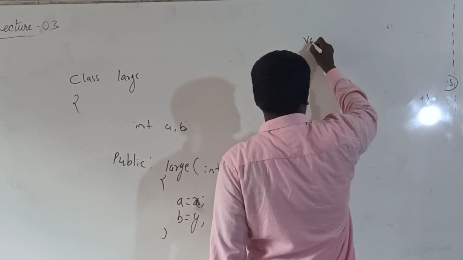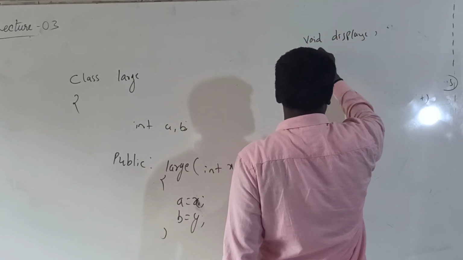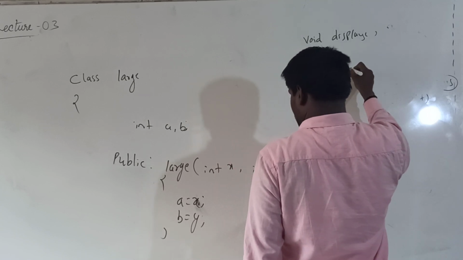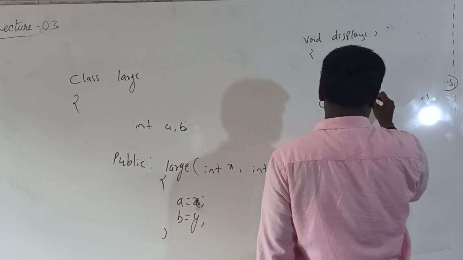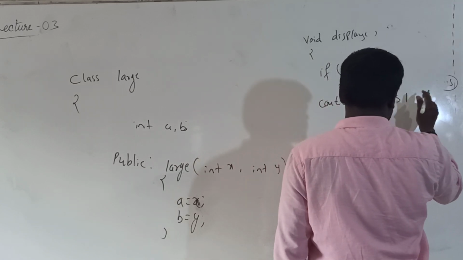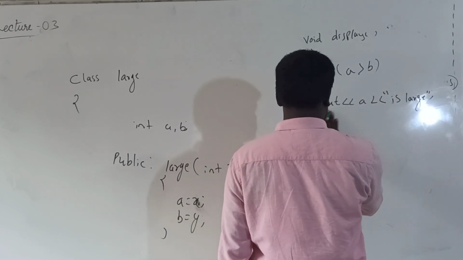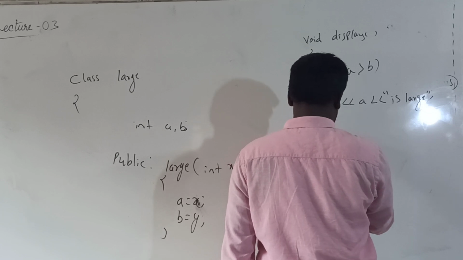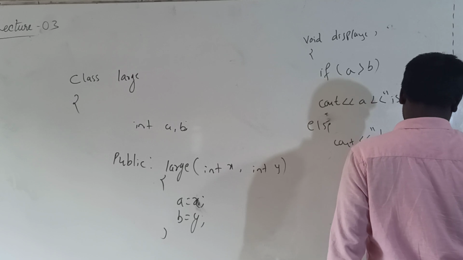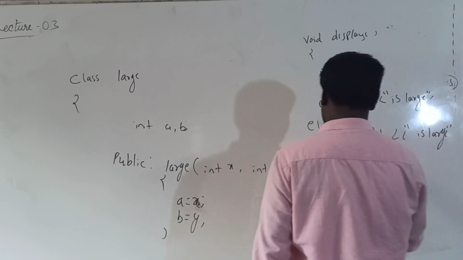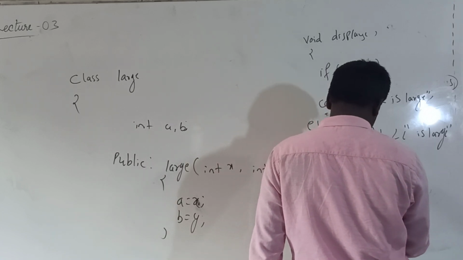Here, void display or compute you can write: if a is greater than b, cout A is large. In the else, you can write cout B is large.